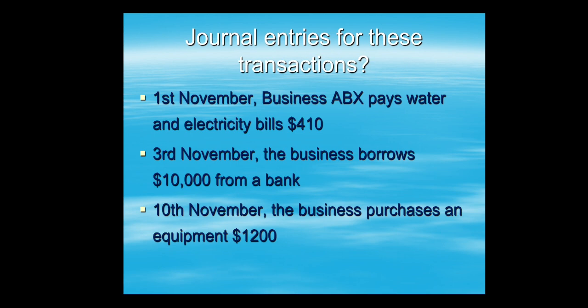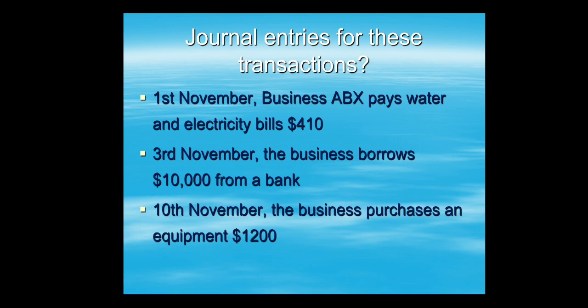So how to record that in the general journal? Asset increase, you have to debit. So 3rd of November, debit account cash $10,000. And then liability increase. The account is bank loan. So the second entry is credit account bank loan $10,000.